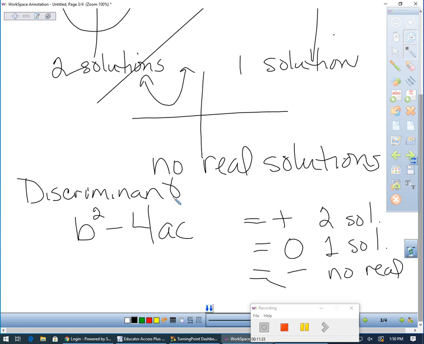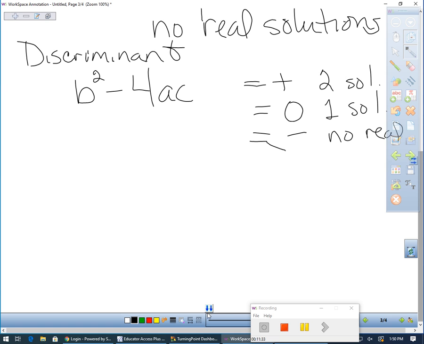So the next section is asking you just to find the discriminant and say how many solutions there will be. Don't have to find the solutions. Just got to evaluate the discriminant and state the number of solutions. So here is example number 5.